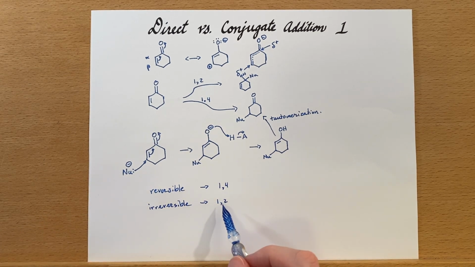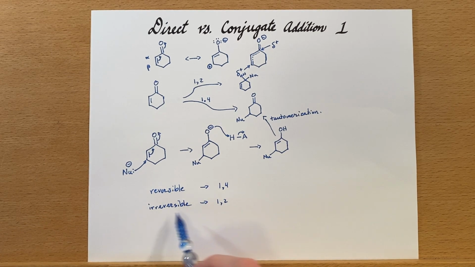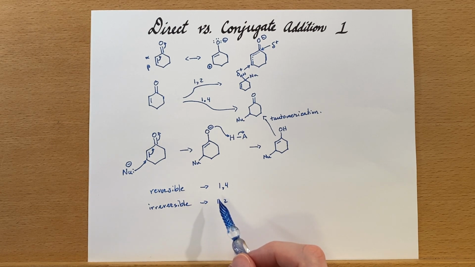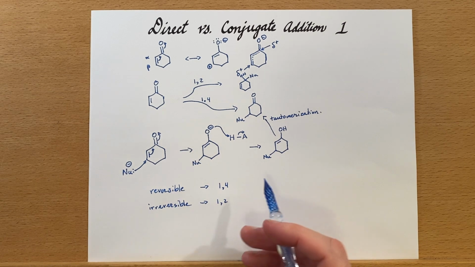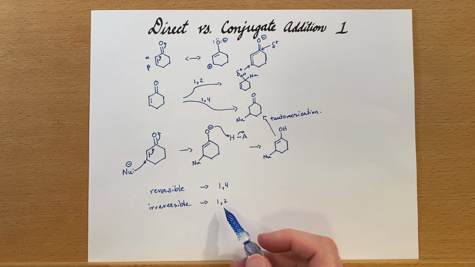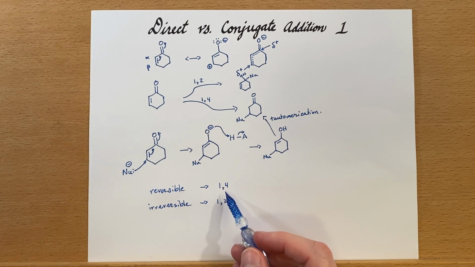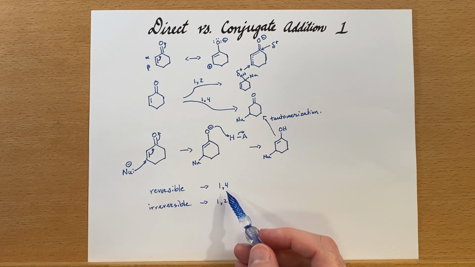If I have really strong nucleophiles, it will tend to go the irreversible reaction, so-called kinetic conditions. Whereas if I have a weaker nucleophile, it's more likely to go 1,4.